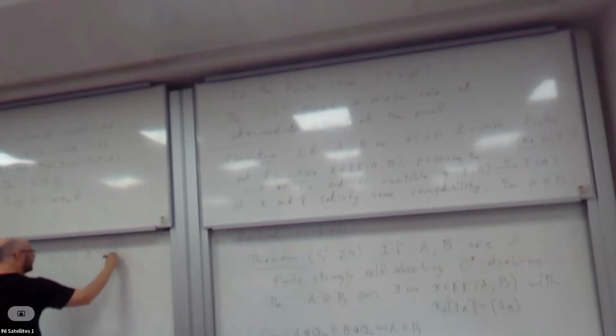You get rid of KK here, to make this a bit more grounded. Say that several simple nuclear Z-stable algebras with enough projections or very few traces, where projections separate traces.